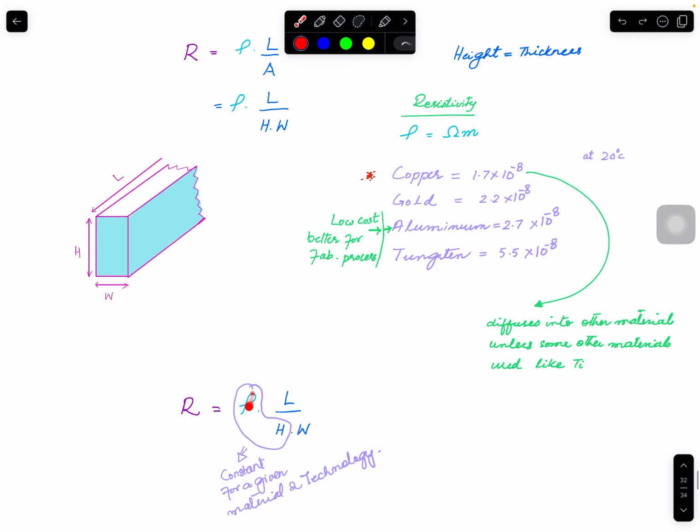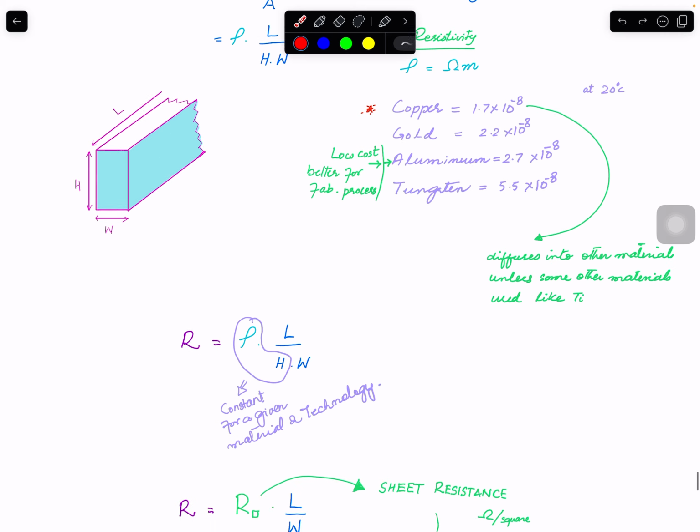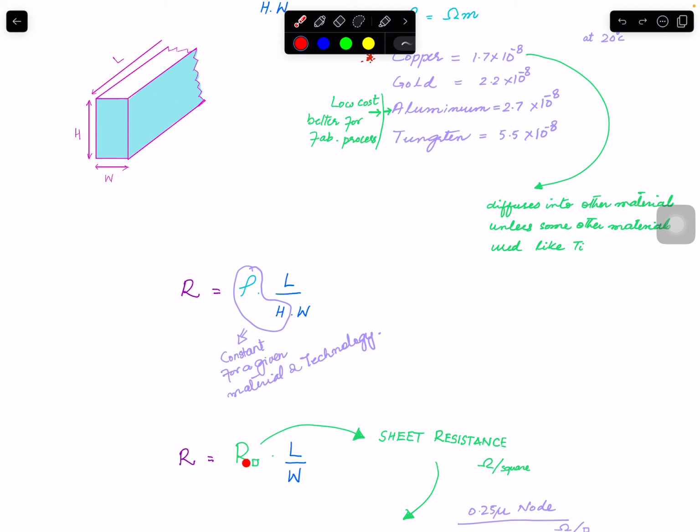So if this is a constant, let's take them out and replace them with another constant, the square, which is called sheet resistance. It's another way of measuring different metals on a technology. It's like a square of that metal in that technology node.